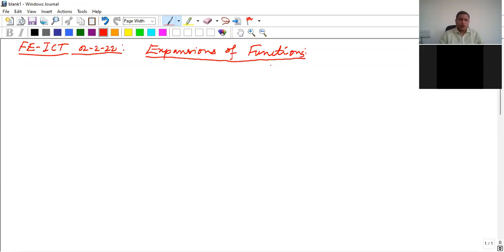Now we need to understand how we expand a function and where we expand it. You are aware of the binomial theorem.